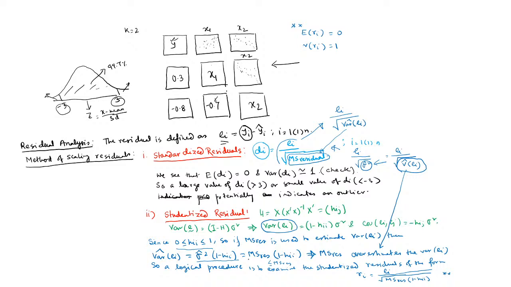So the logical approach is to use r_i instead of d_i: the expectation of r_i is 0 and its variance equals 1, while the variance of d_i is close to 1 but not exactly 1.